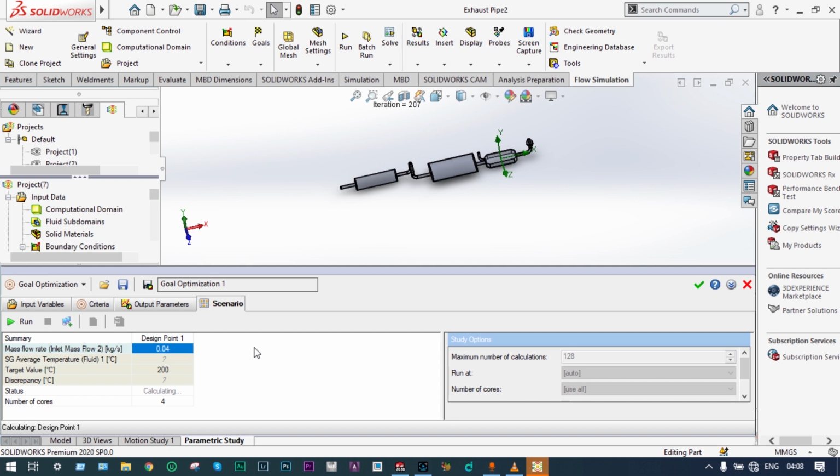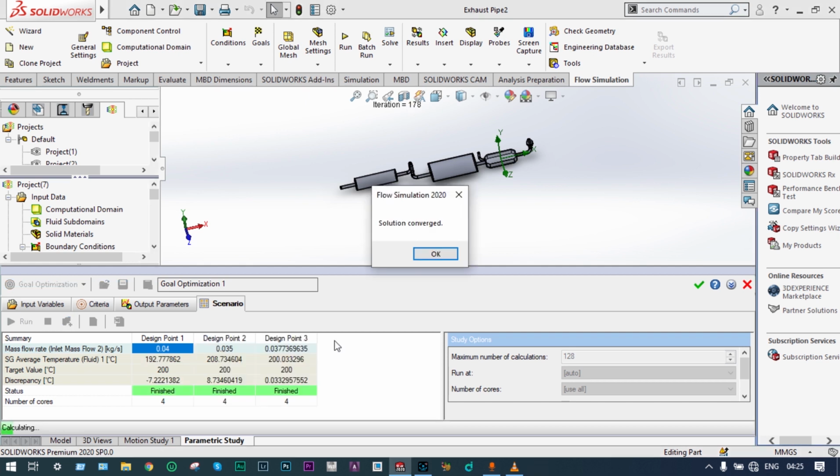The iterations are going on. Whenever it is finished, we will see the results and explain it for further clarification. Iterations have been finished. We can see the solution is converged within our specified range of mass flow rate. We got our optimum temperature as 200 degrees centigrade. In the first iteration, at a mass flow rate of 0.04 kg per second, we got the temperature as 192.77 degrees centigrade.